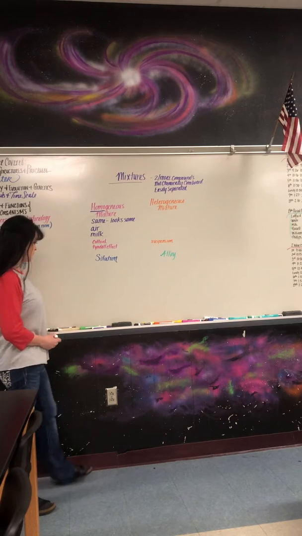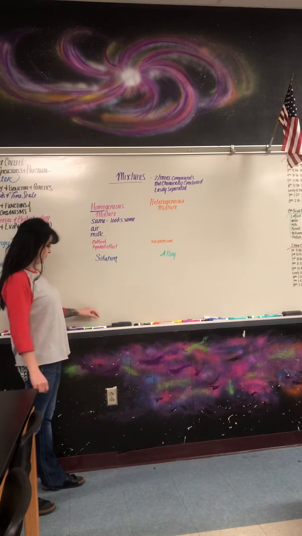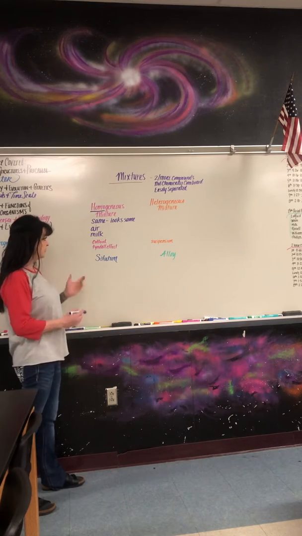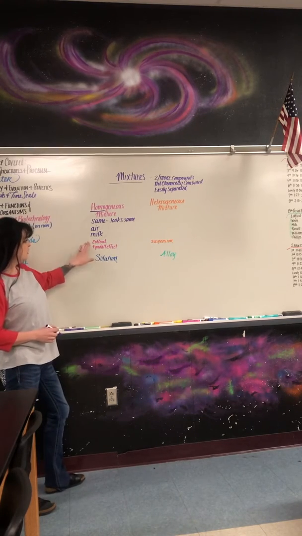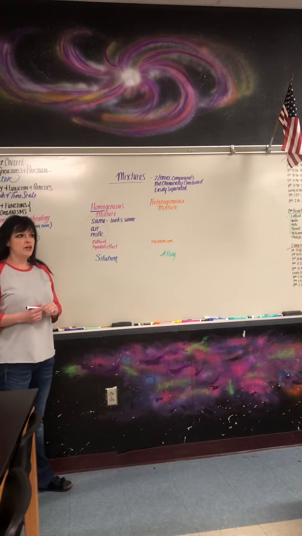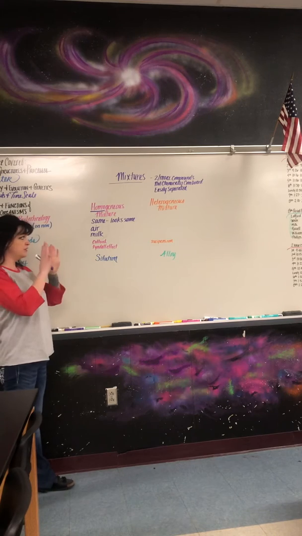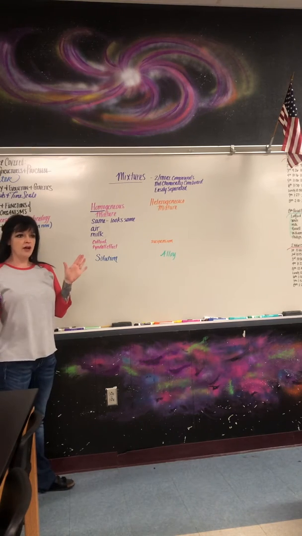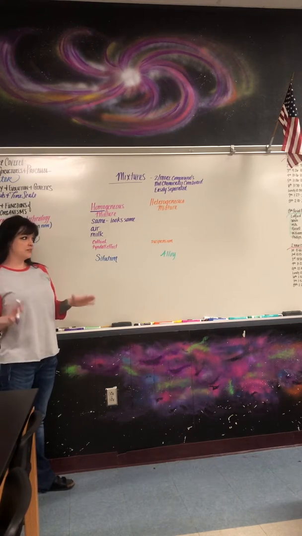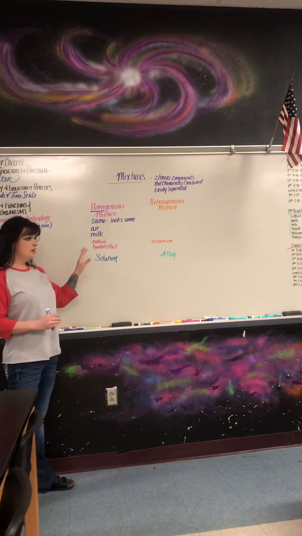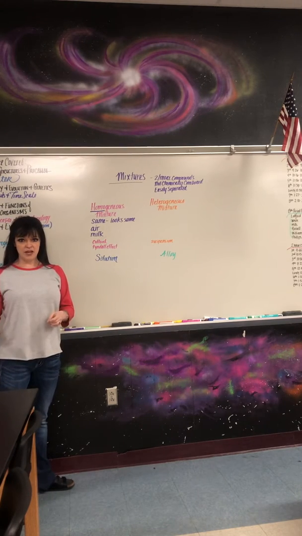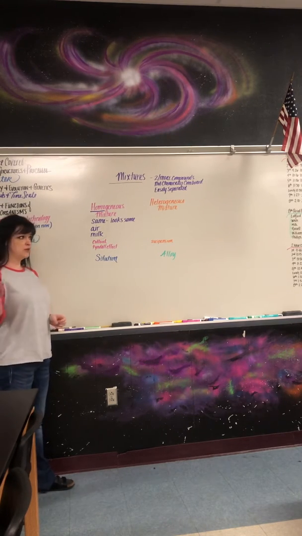Homogeneous mixtures do have something called a colloid or a Tyndall effect. So a colloid is just where you have really fine particles that are equally distributed throughout it. That doesn't mean that you're going to necessarily see them. It's just like there are dust particles in the air or pollen particles in the air, but you can't really see them.